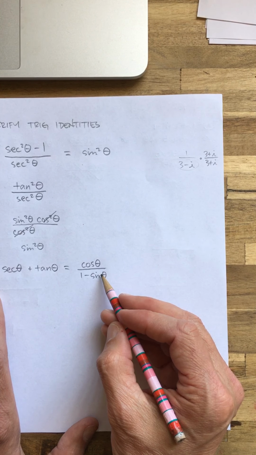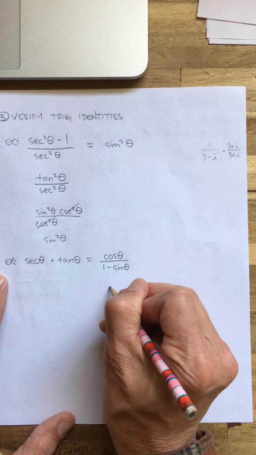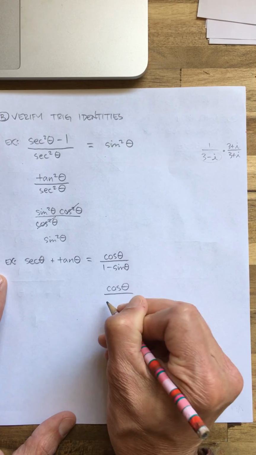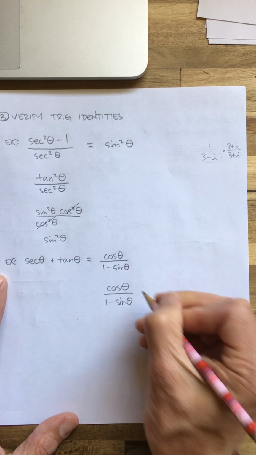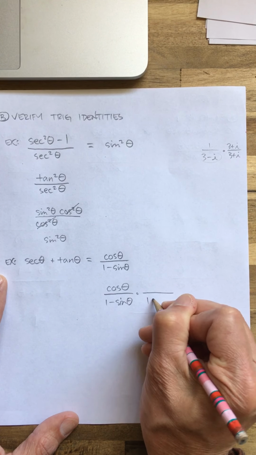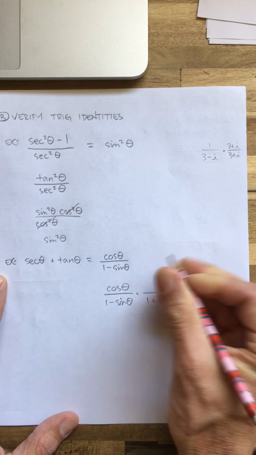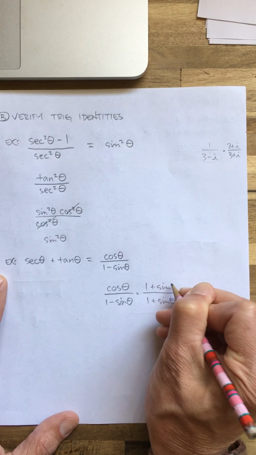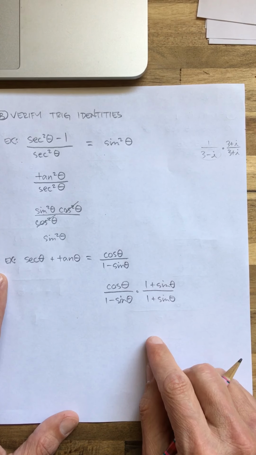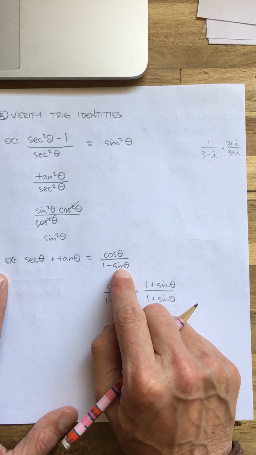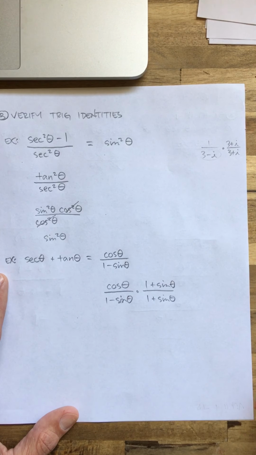We're going to do the same thing here. I have cosine of theta over 1 minus sine of theta. Sorry, my writing gets sloppy. I'm going to multiply by the conjugate, 1 plus sine of theta over 1 plus sine of theta. You with me? That's the conjugate, and you do this whenever you see a 1 minus a trig function in a denominator.